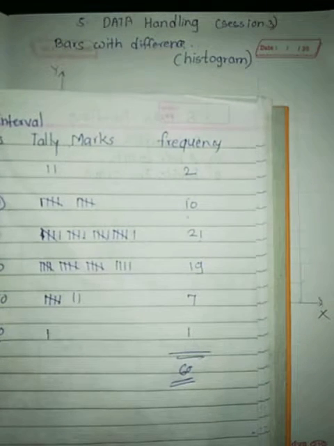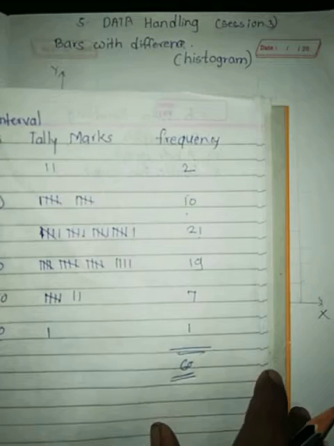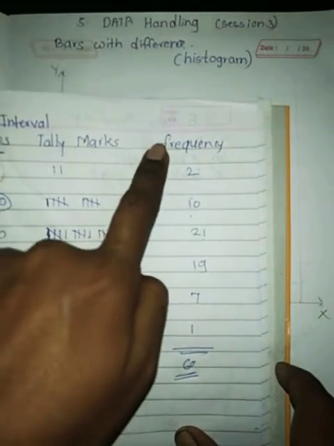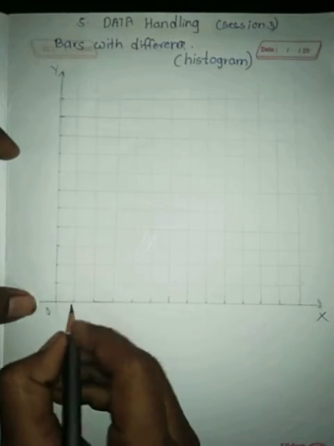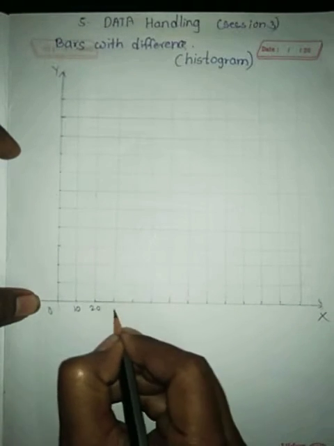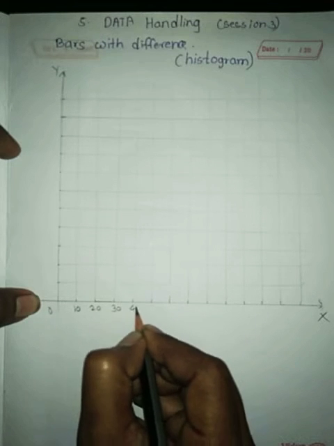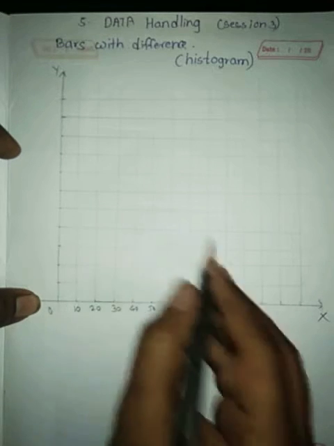Now we will draw the graph for this. See, we need the number of students for each group, from 0 to 10 onwards. I'll start here with 0, then 10, 20, 30, 40, 50, with this as 1 centimeter.